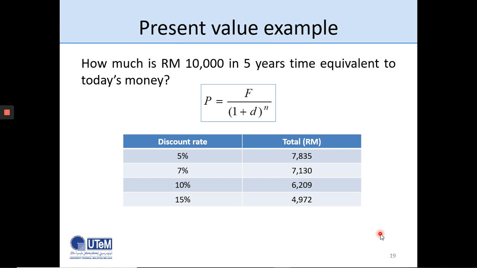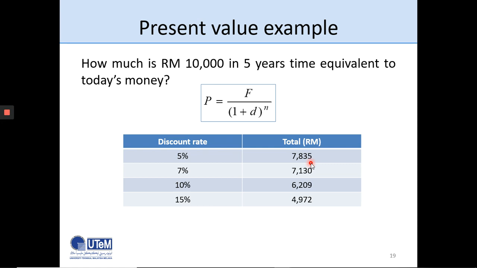Okay, so what does that mean? Now let's use the same example as we had just now, but let's pretend that we want to know what is the value of 10,000 ringgit in 5 years' time equivalent to now. If we put this discount rate 5, 7, 10 and 15%, we will get the following values. For example, if we have discount rate 5%, then 10,000 ringgit in 5 years' time is equivalent to 7,835 ringgit now.